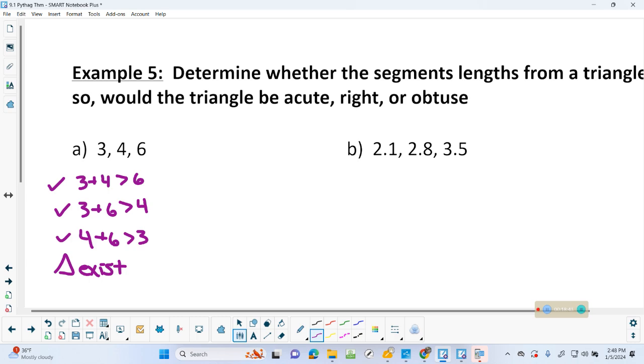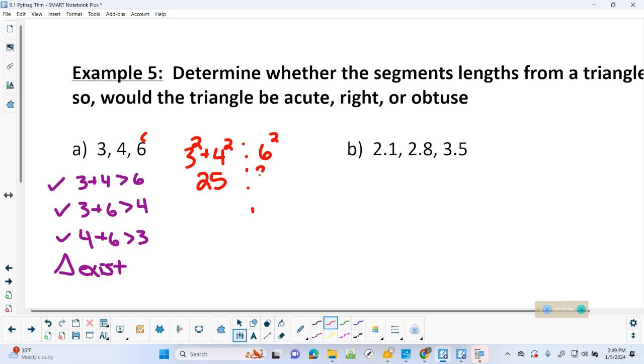Now the question is, well, what type is it? Acute, obtuse, or right? So now we're just going to test with Pythagorean Theorem. Clearly, my biggest number is 6. So let's see, how does 3 squared plus 4 squared stack up to 6 squared? Well, hopefully we can do some mental math on the left. You've got 9 and 16. What's 9 plus 16?